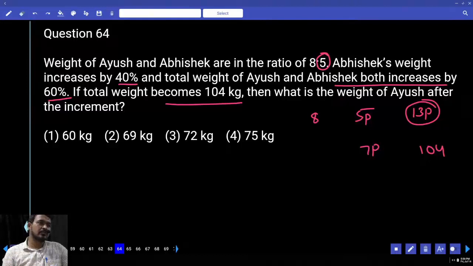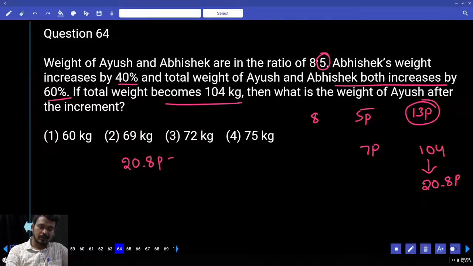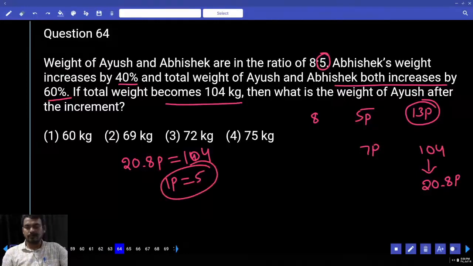Increased by 60% means what is 60% of 13? 7.8. 13 plus 7.8 is 20.8, which means 104. 20.8 parts equal to how much value? 104. 104 means it is exactly 5 times or 4 times? 5 times. Every 1 part equal to how much? 5. 1 part value is 5.